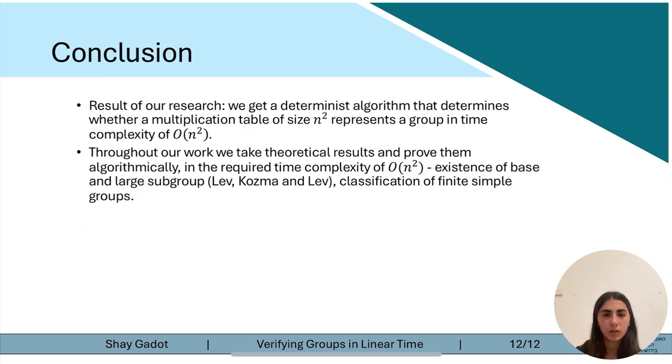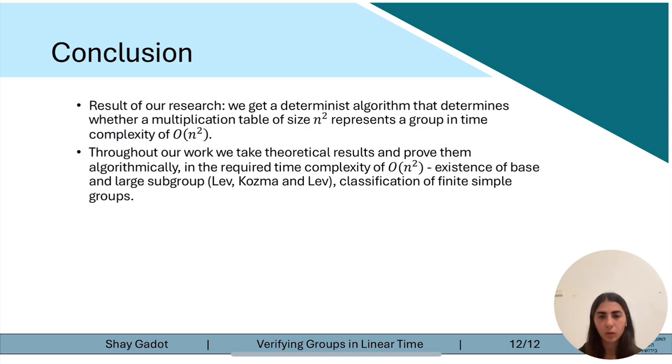So in conclusion, the result of our research is a deterministic algorithm that determines whether a multiplication table of size n squared represents a group in time complexity of big O(n squared). That is all we wanted since the beginning. It is important to mention here that throughout the paper we take theoretical results and prove them algorithmically.